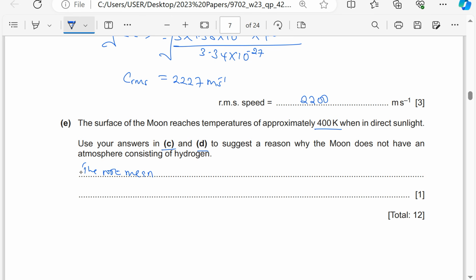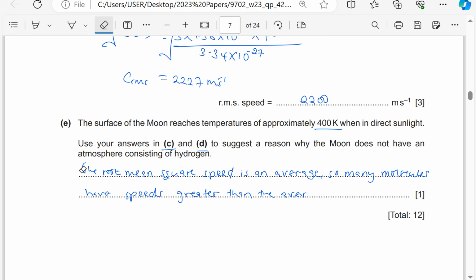So we can simply say the root mean square speed is an average value, so many molecules have speeds greater than the average.